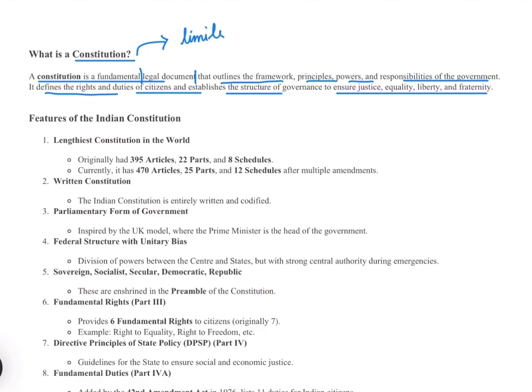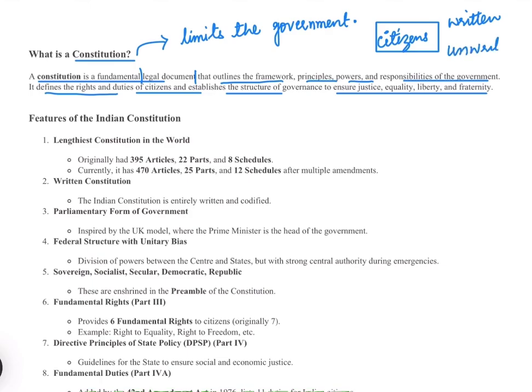So apart from this definition, you can also learn that a constitution is something which limits the government. Why is it so? Because the constitution is framed and crafted for the sake of its citizens. Every democracy has a constitution, whether it is a written constitution or an unwritten constitution.